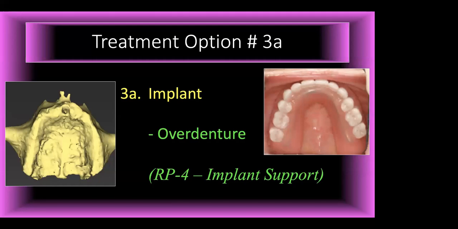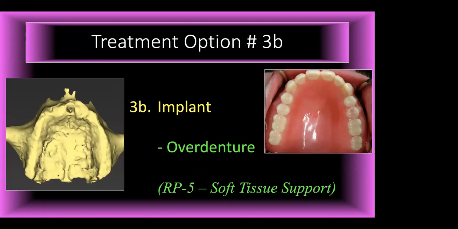So a lot of patients will like that because they can taste their food better, they can speak easier, and they don't feel like they're gagging. Or it can be an RP5, which is soft tissue supported, but that's a complete denture. So that is very similar to what they have.